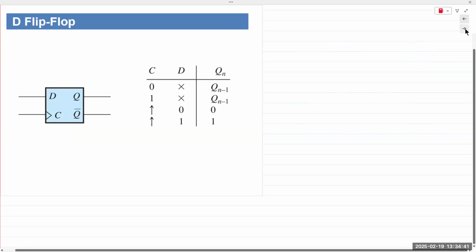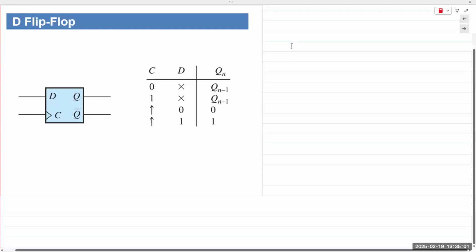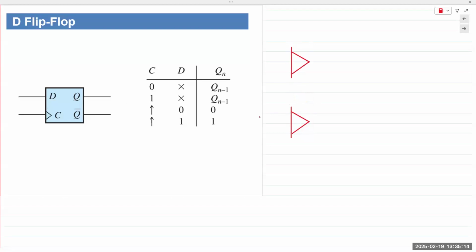The way we implement that is by using this triangle symbol that you see inside here.